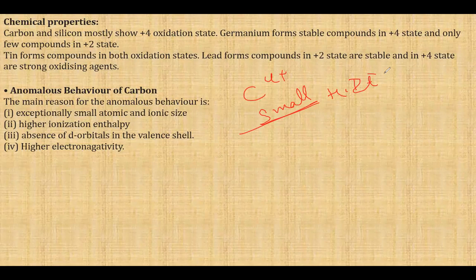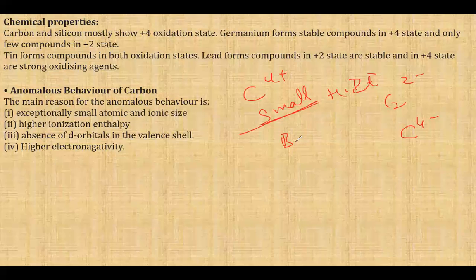Carbon can exist as C2 2- or C4-, and can easily combine with other elements. Earlier we studied carbides, Be2C, beryllium carbide, calcium carbide CaC2, Al4C3 aluminum carbide, etc.